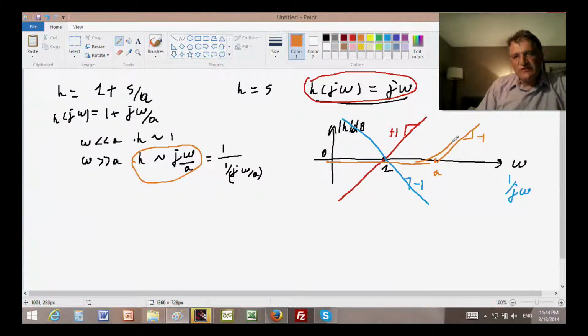It smooths out here, it takes the rotation, and that rotation is exactly the mirror image of the transfer function we had seen earlier in previous plots, which was 1 over 1 plus s over a, which ends up with a -1 slope.